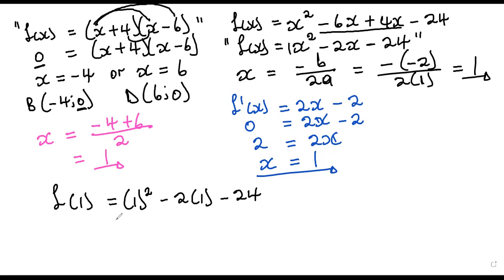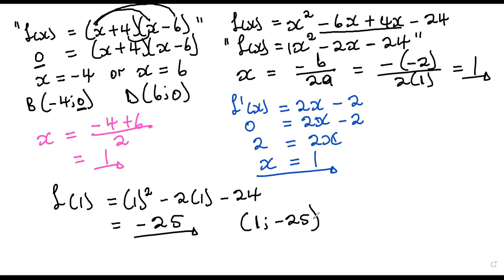Negative 1 minus 24. So it means the y coordinate of the turning point is just going to be negative 25. So what is the meaning of this? It means the coordinates of point C are going to be positive 1 and negative 25.